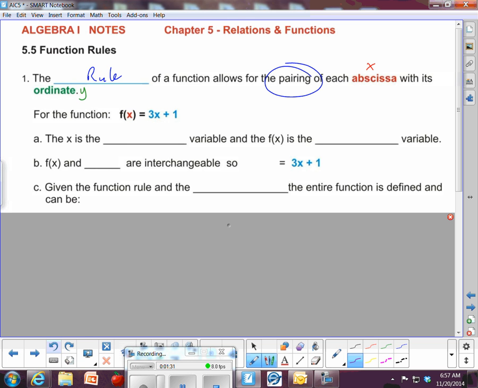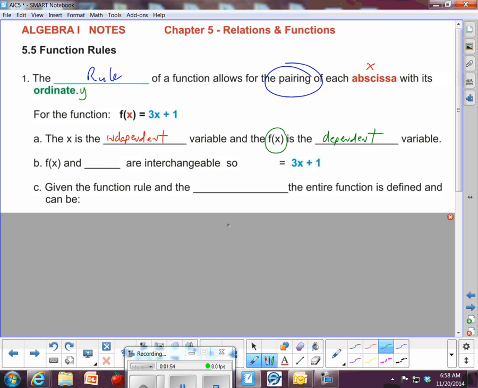The x is the independent variable. But here's the key: the f of x is the dependent variable.